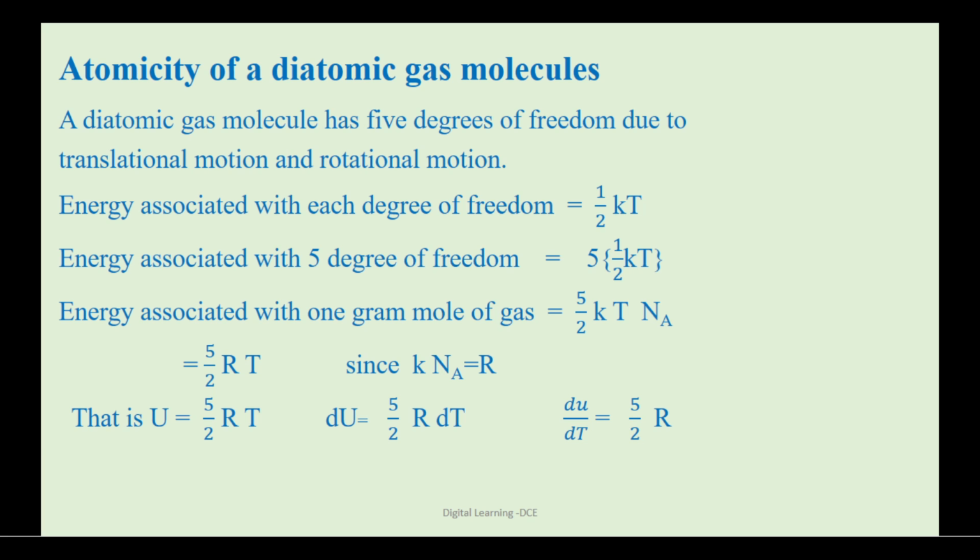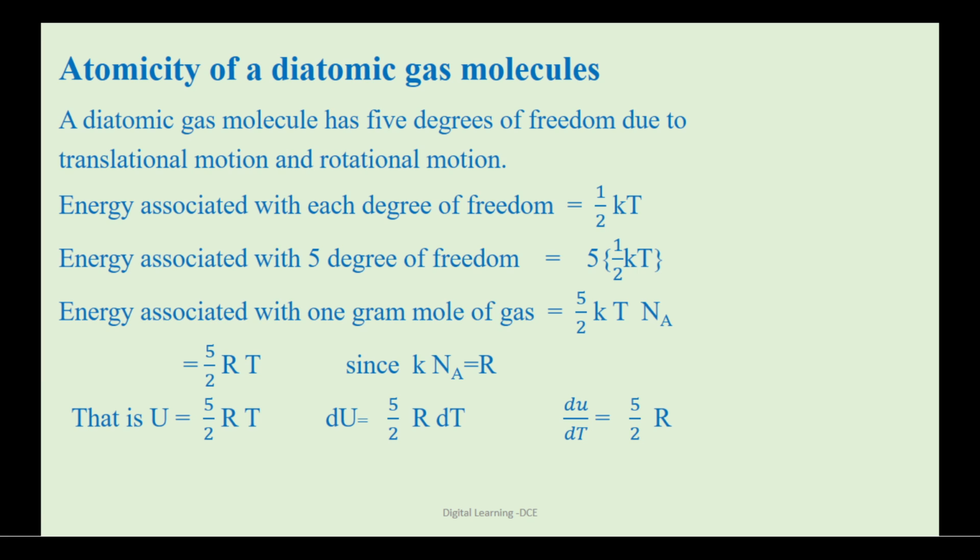Then, the total energy associated with 1 gram mole of a gas is equal to 5 by 2 kT times Avogadro's number, Na. The product of the Boltzmann constant and Avogadro's number gives the R value, that is the universal gas constant.